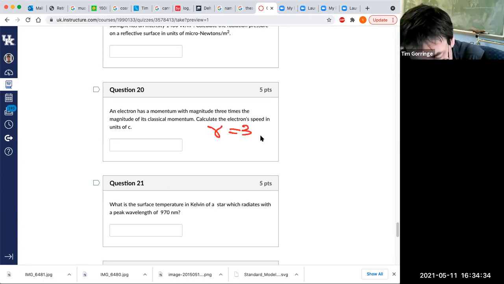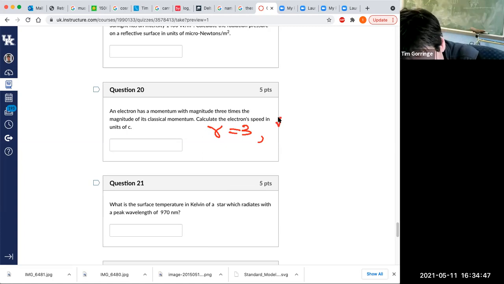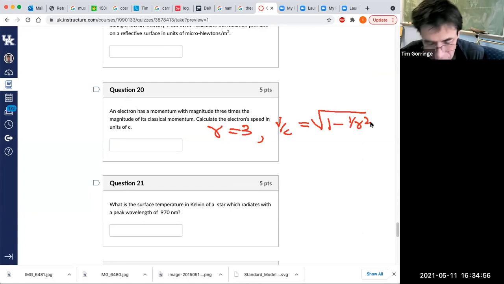Now, gamma is related to the speed. Gamma is 1 over the square root of 1 minus v squared over c squared. If you rearrange that, the speed v over c is the square root of 1 minus 1 over gamma squared.